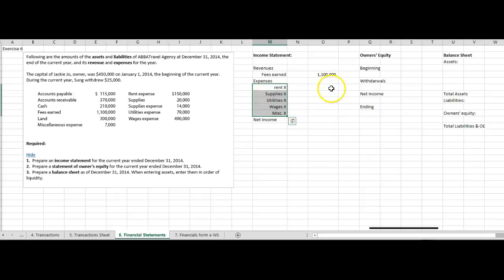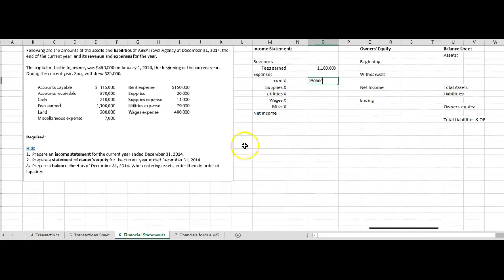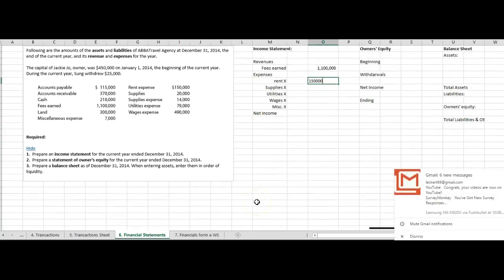So my rent expense is $150,000. My supplies expense is $14,000. My utilities expense is $79,000. My wage expense is $490,000. And the miscellaneous expense is $7,000.